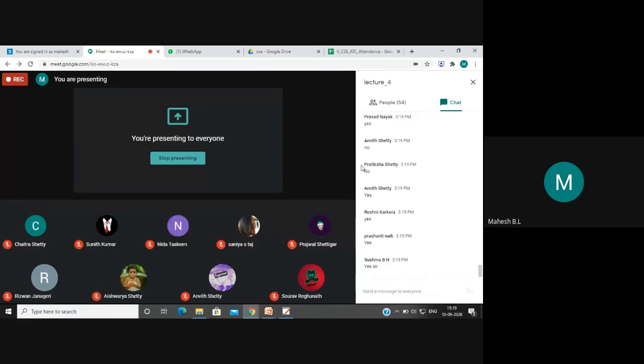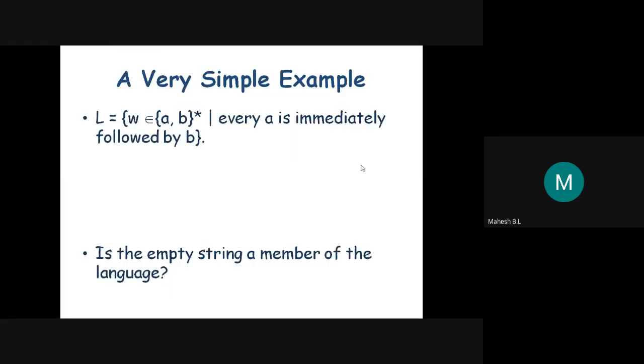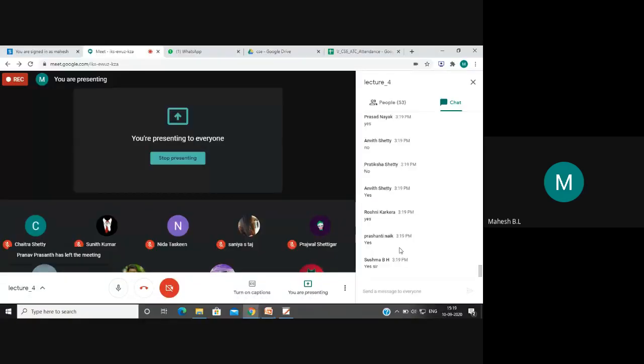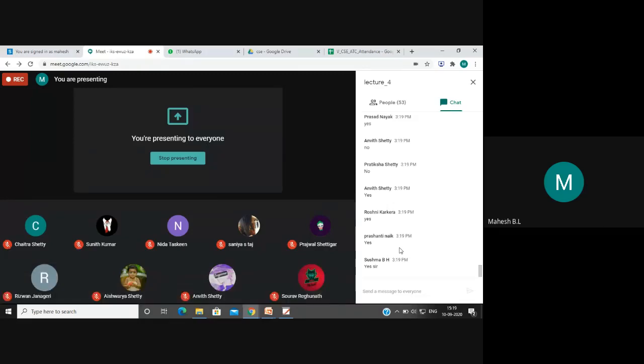Now, since epsilon belongs to the language, you know that the initial state itself is the accepting state. So with this knowledge, try to design the DFSM.